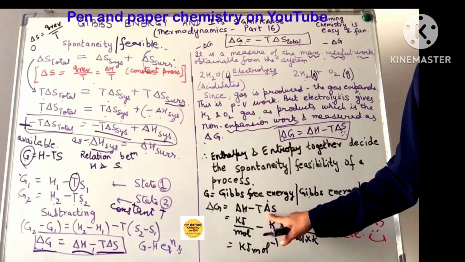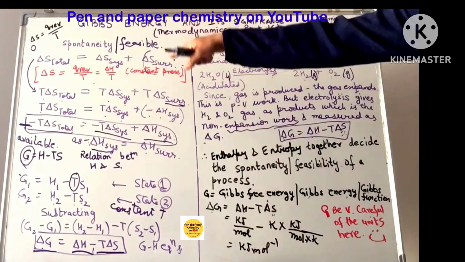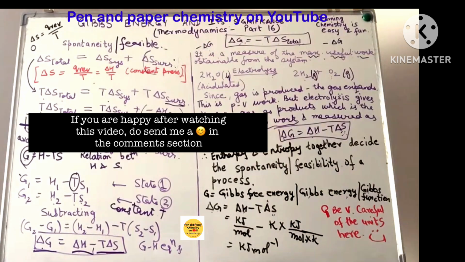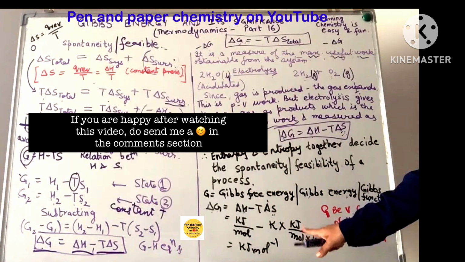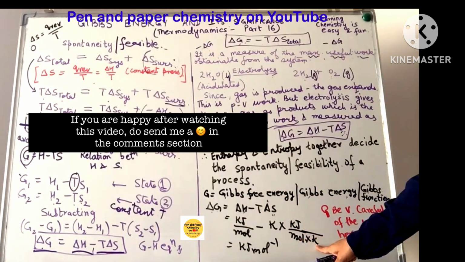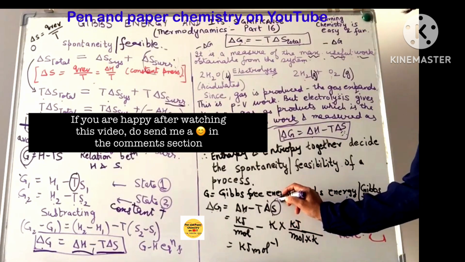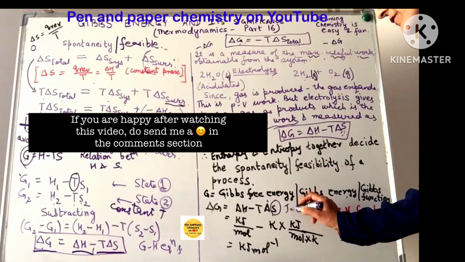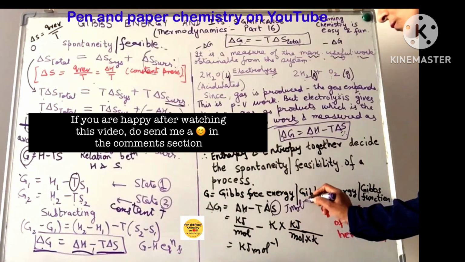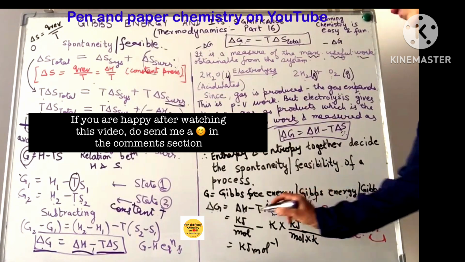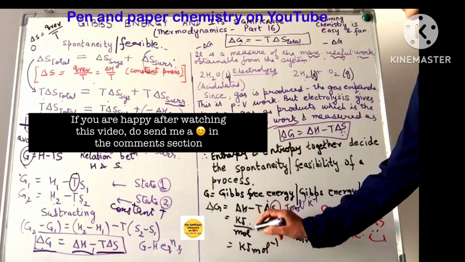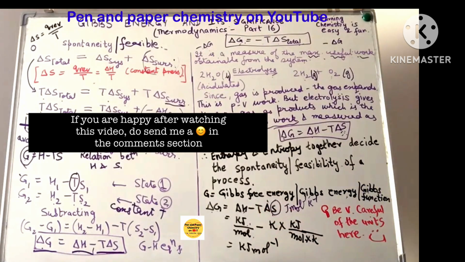Delta S, change in entropy, that is heat upon temperature, and it's an extensive property, so joule per mole per Kelvin. Now, in most of your numericals, you will see that entropy is actually given in joule per mole per Kelvin, while enthalpy is stated as kilojoule per mole.